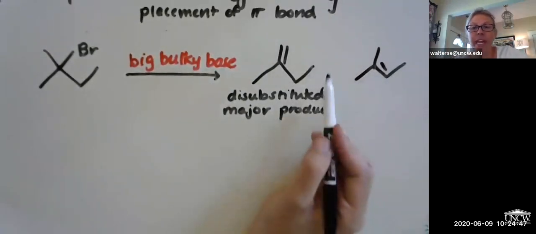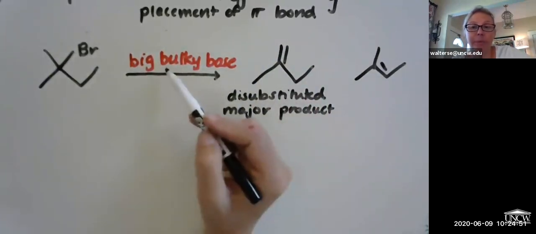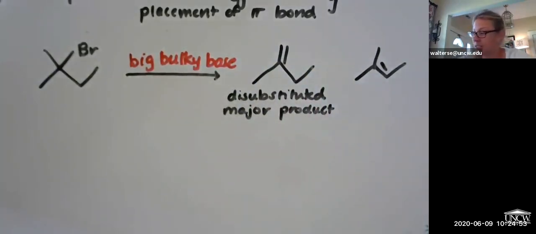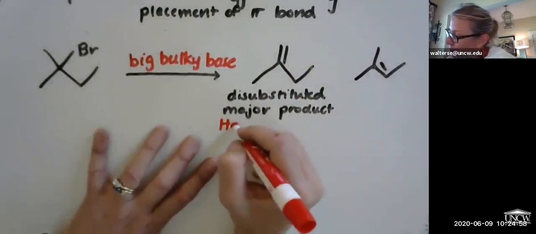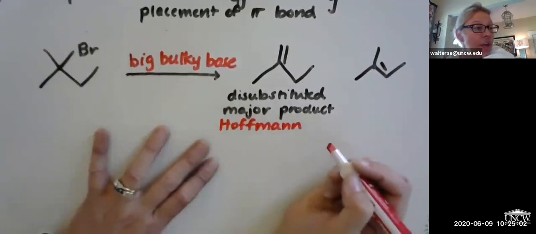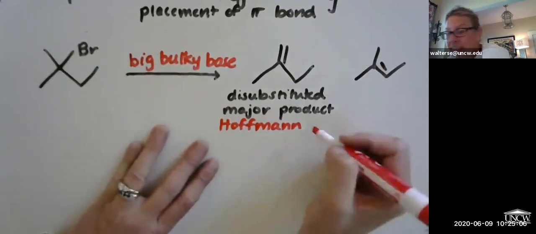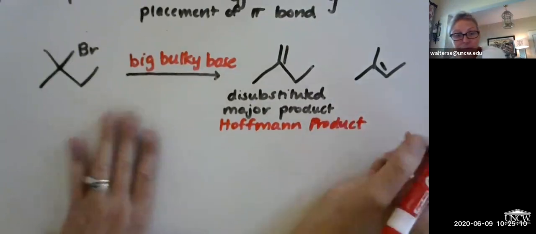So you can elevate the concentration of the di-substituted product just by taking a big bulky base. This major product is called the Hofmann product. So small bases give you the Zaitsev product, big bulky bases give you the Hofmann product in E2 eliminations.